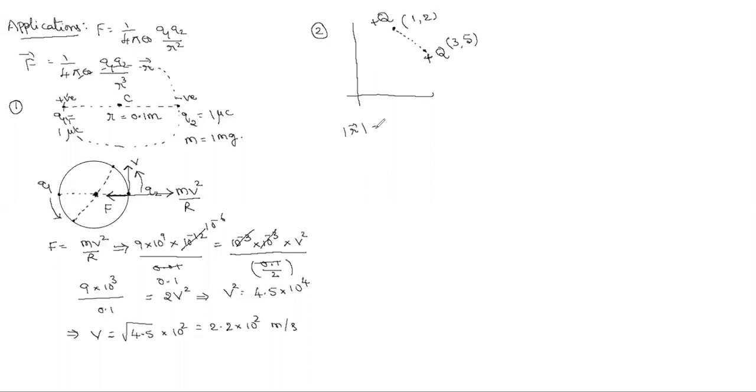Mod r bar equals root of (3 minus 1) whole square plus (5 minus 2) whole square. 5 minus 2 is 3, 3 square. So root 13. 5 minus 2 is 3, and 3 minus 1 is 2.